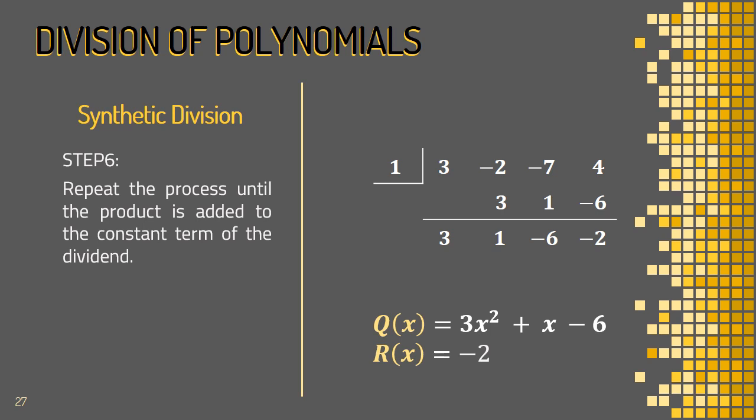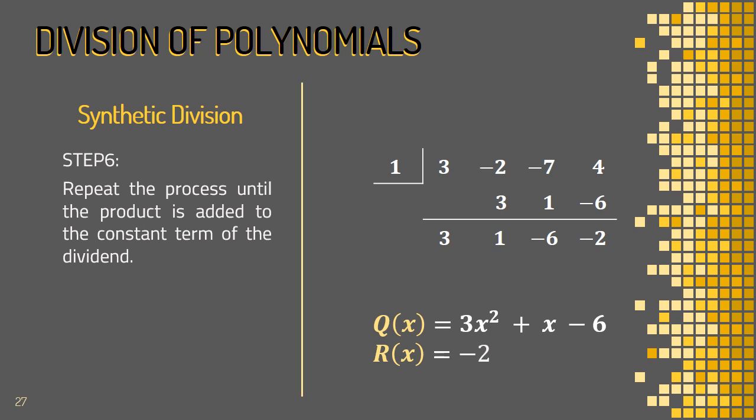Notice that we come up with the numbers 3, 1, -6, and -2. So the first three numbers are the numerical coefficients of our quotient, while the last number is -2, wherein that is the remainder. Also observe that the quotient has the degree of 2 and the remainder has the degree of 0.